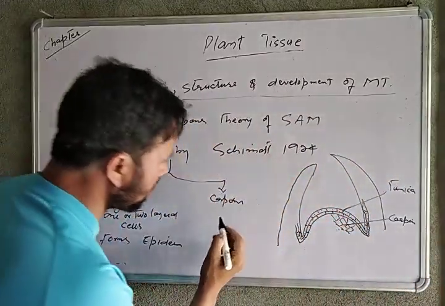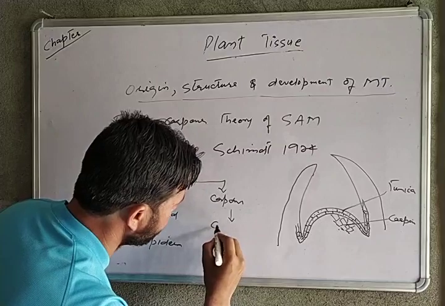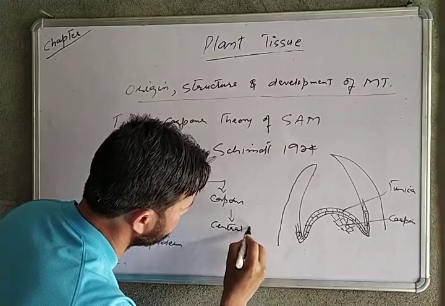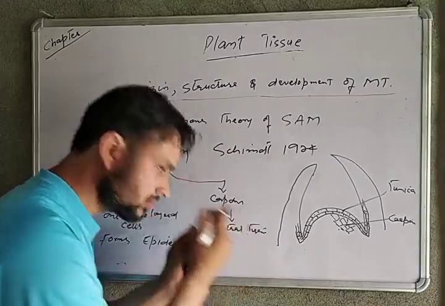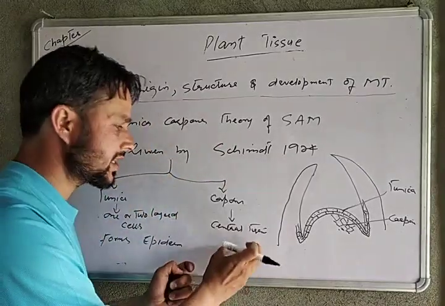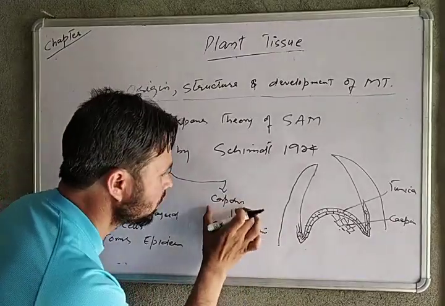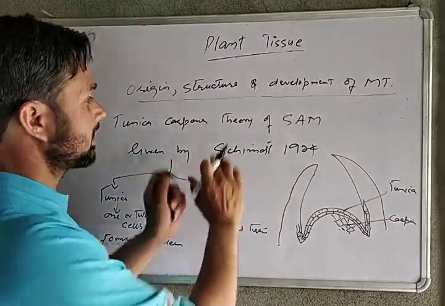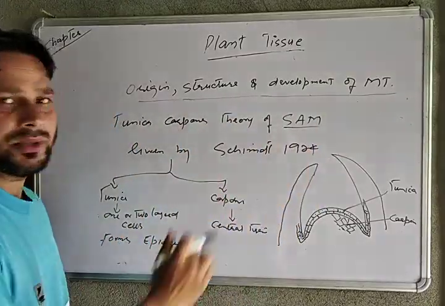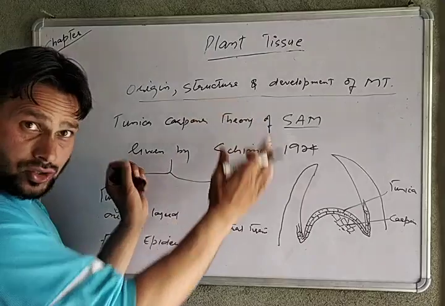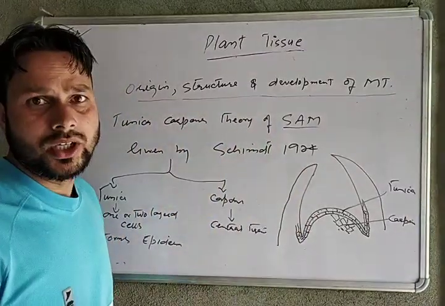Okay, and corpus gives rise to central tissue, which includes cambium, primary xylem, primary phloem, cortex, pith. These all are formed by corpus. This was the tunica corpus theory of shoot apical meristem given by Schmidt in 1924. In short, this is what Schmidt says about the tunica corpus theory.